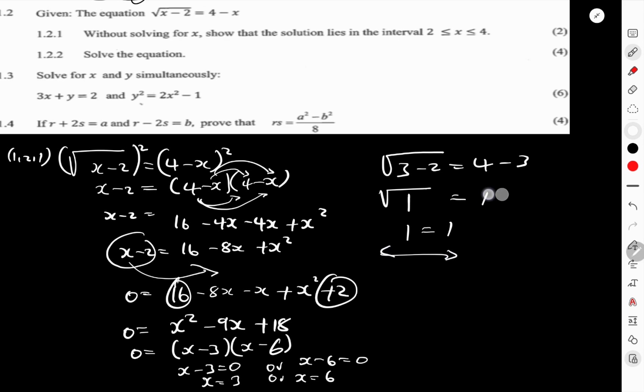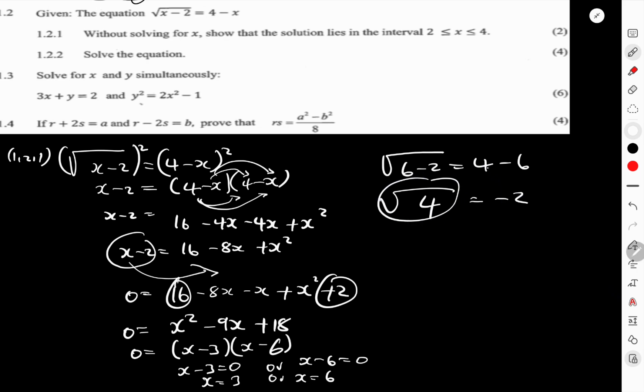Now we're going to do the very same thing that we did before. Wherever you see x, we substitute what? The value of x. So here I'm going to substitute 6, and even here I'm going to substitute 6. After substituting 6, what is 6 minus 2? We have a 4 here, and what is 4 minus 6? We have a negative 2. Now what is the square root of 4?